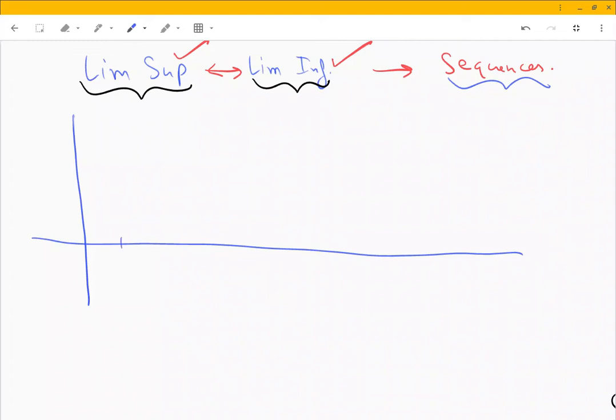On the x-axis, I tend to plot natural numbers, and on the y-axis, we plot the terms of the sequence. We'll do that in a moment.